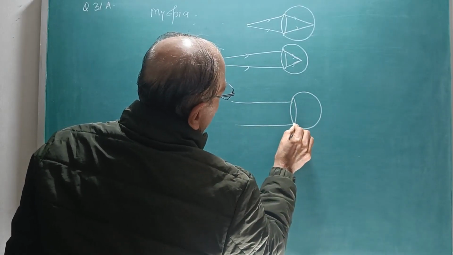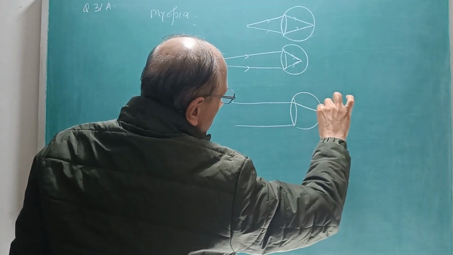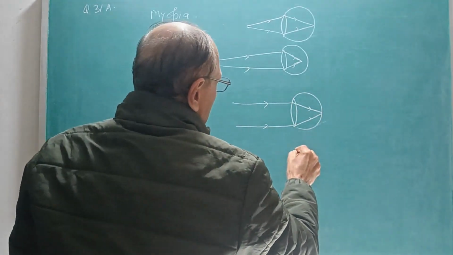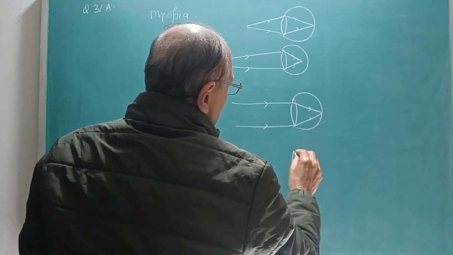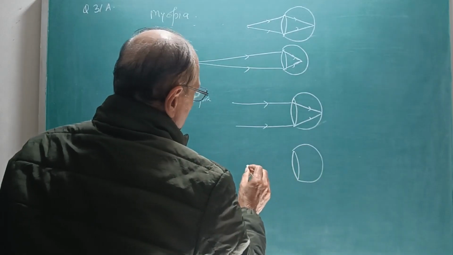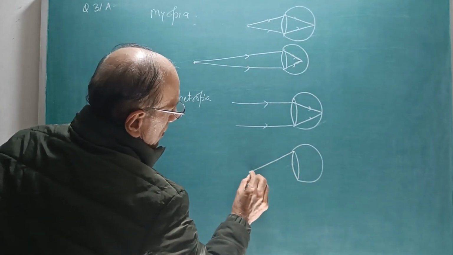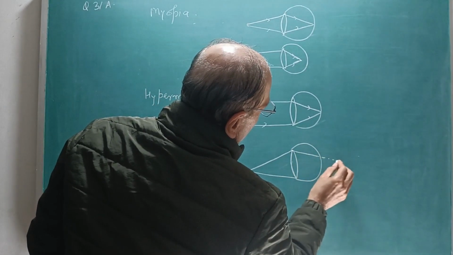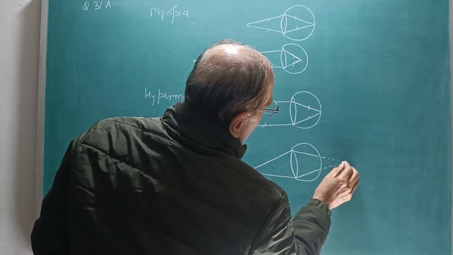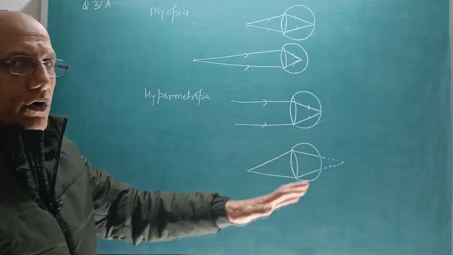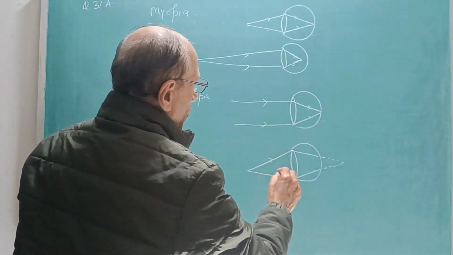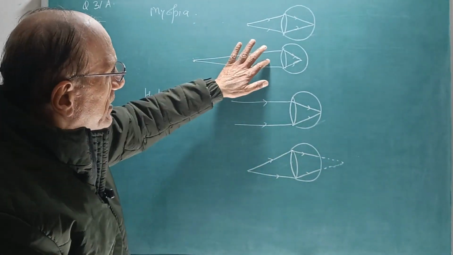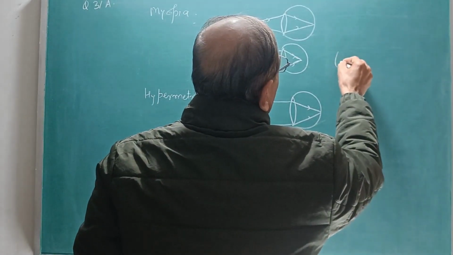This is the eye, and distant object means rays will be coming parallel, so they meet at this point. But for the nearby object, the image is formed beyond the retina, so that's why these are not visible to the person.